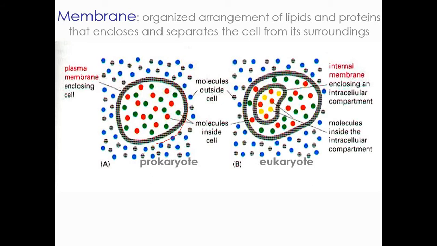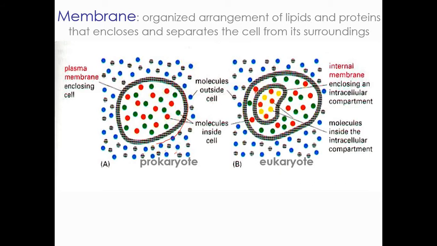For prokaryotes, for example, because they are unicellular, they do not have organelles, right? So it's just this cell, and then there are molecules inside the cell, and molecules outside the cell. And the plasma membrane separates the molecules inside and outside the cell. For eukaryotes, the plasma membrane still separates inside and outside the cell.